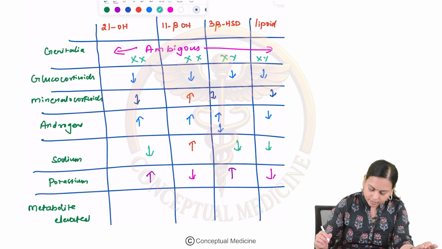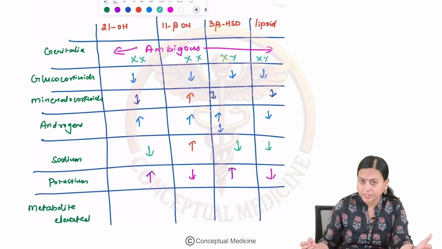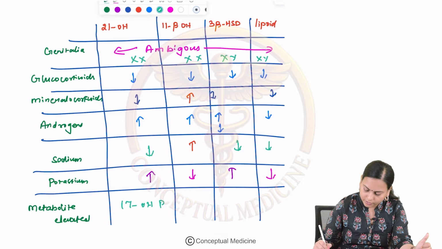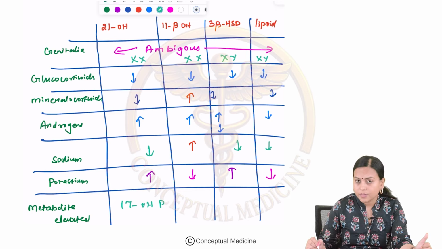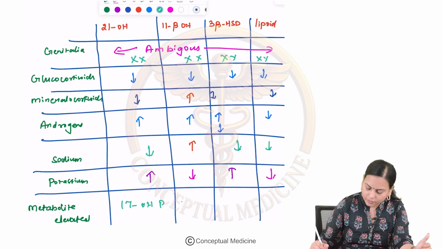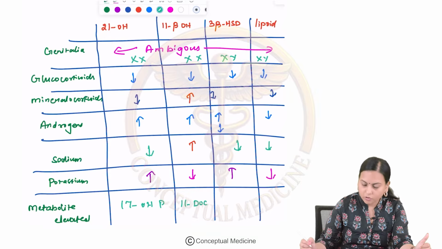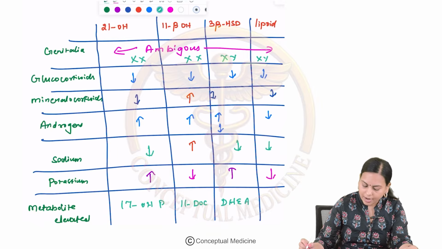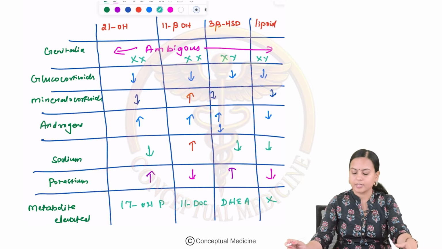So the metabolic defect that is elevated includes 17 alpha hydroxyprogesterone in case of 21 hydroxylase deficiency, and in 11 beta hydroxylase deficiency you will have the 11 deoxycortisone elevated, and here in 3 beta hydroxysteroid deficiency it is dehydroepiandrosterone that is elevated, and in lipoid deficiency there is nothing like that.